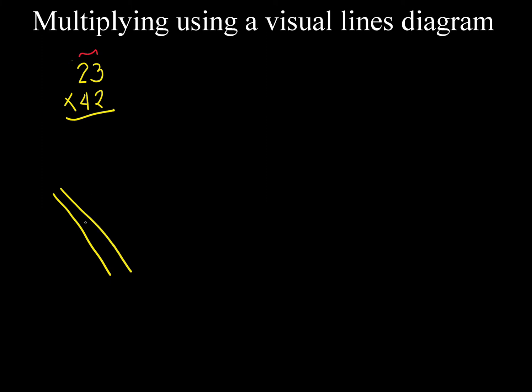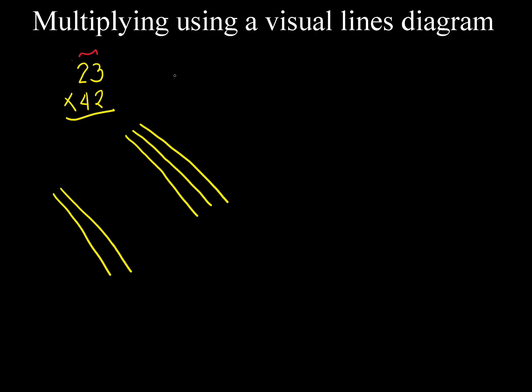Now I'm going to create a space, and for my 3, which is my ones, I will create 3 parallel lines to my other 2 parallel lines. And again, I'm going to create a good enough space, and I'm going to start my 3 lines right about here. So that's 1, 2, and 3.